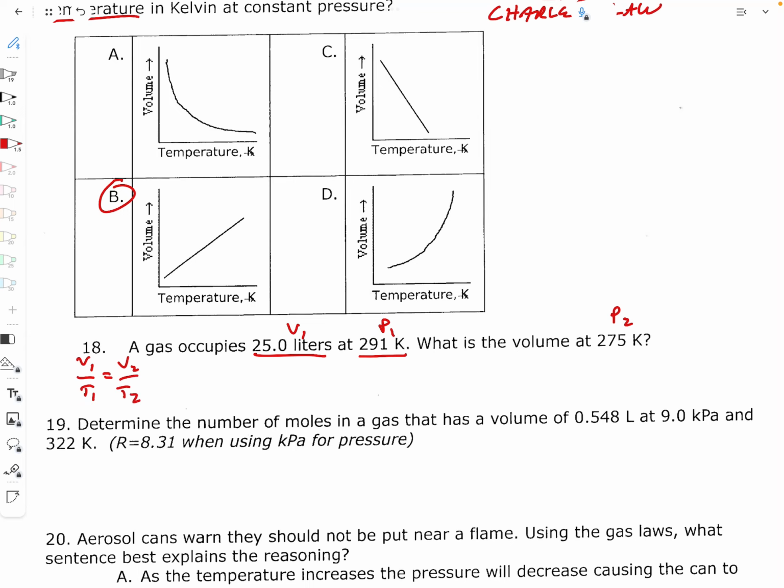Trying to find the volume, we're trying to find V2. V2 is going to equal V1 times T2 divided by T1. And your V1 is 25. Your T2 is 275.